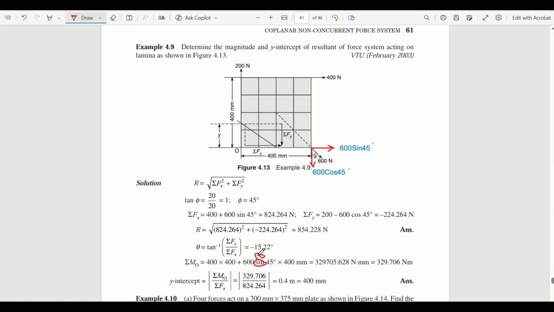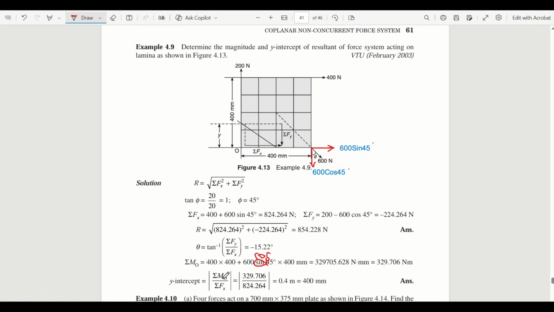Make it cos. Since sin 45 and cos 45 are the same, it wouldn't make much change, okay? But when you consider other degrees, you will get different values. So make it 600 cos 45 into 400 mm, and we will get 329.706 Newton meter. The unit is Newton meter.